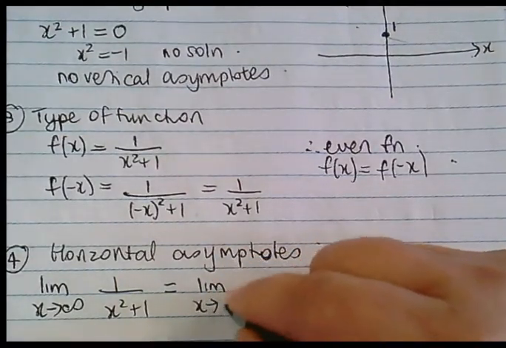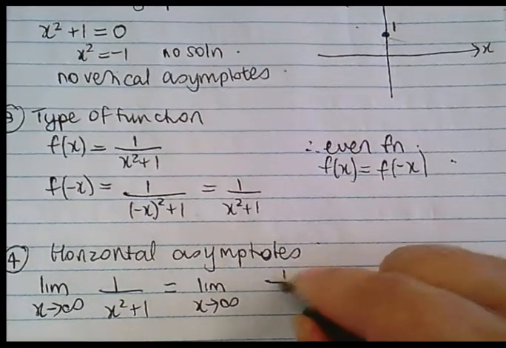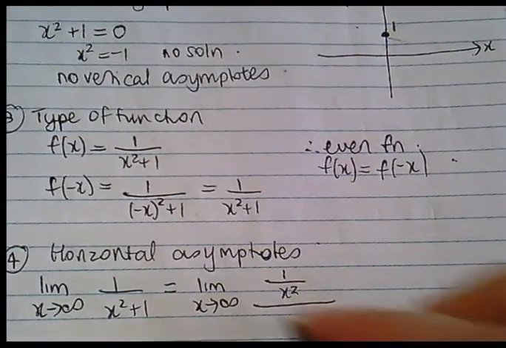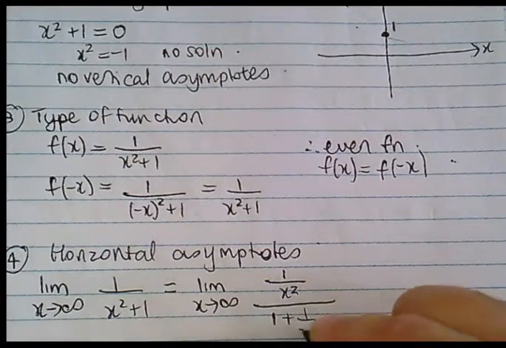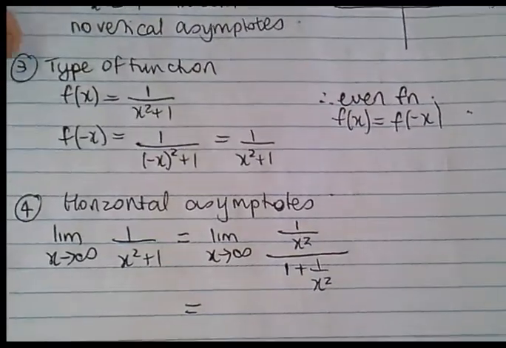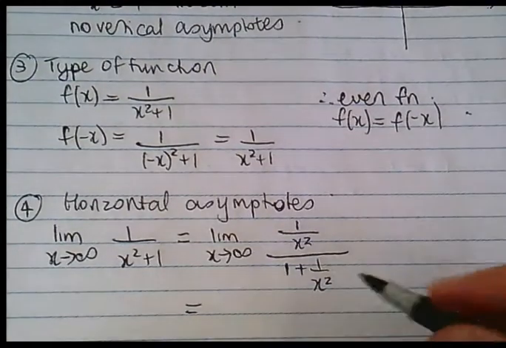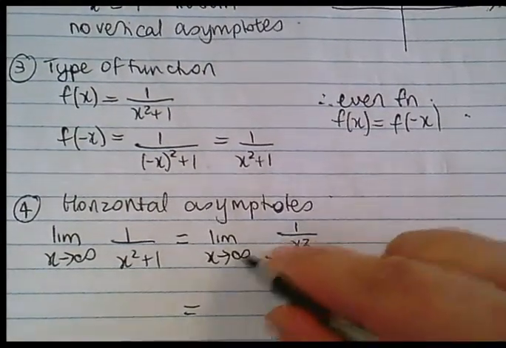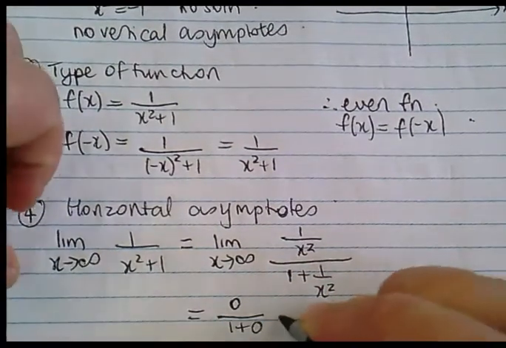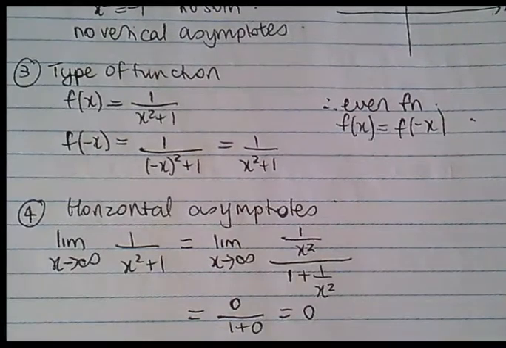The limit as x approaches infinity of 1 over x squared, over 1 plus 1 on x squared. I've divided each term by x squared. Now when I substitute in x is infinity, I get 0 over 1 plus 0, which is allowed, which is 0. In other words, as x gets really big, this function approaches 0.